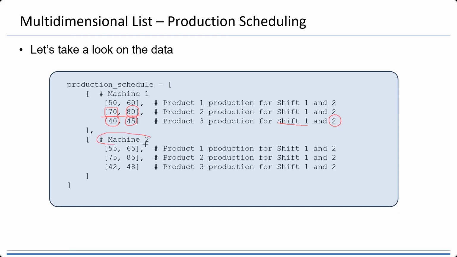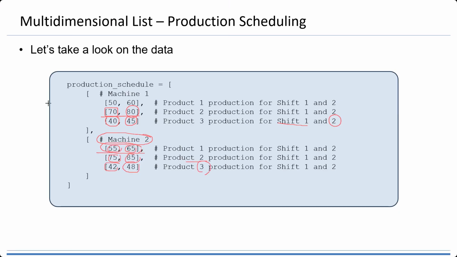So we also have the schedule for machine 2. On machine 2, we have this one. This is for product 1, shift 1, shift 2. Shift 1, shift 2 for product 2, and shift 1 and shift 2 for product 3.